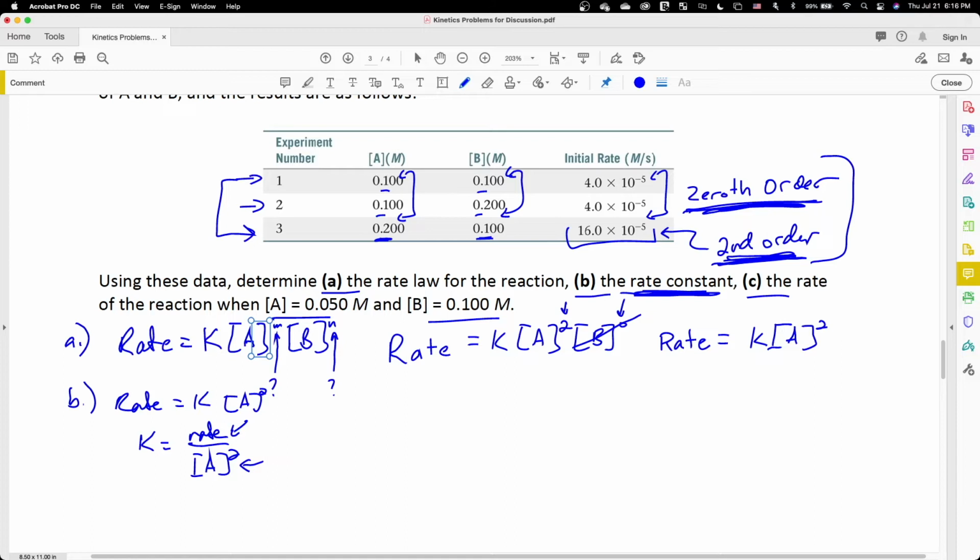So I just picked the first one. So K equals 4.0 times 10 to the negative 5 molar per second, all divided by the concentration for that rate, which was 0.0 molar for A. And we do that division, and then we figure out that the rate constant is 4.0 times 10 to the negative 3.